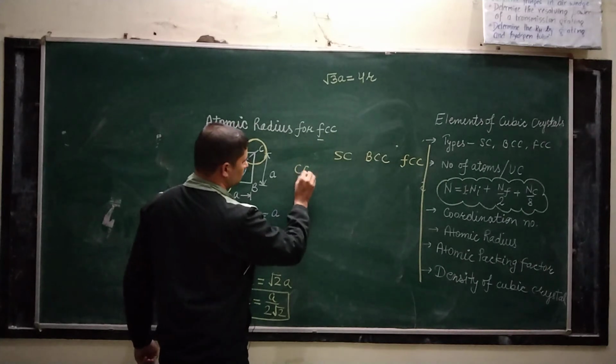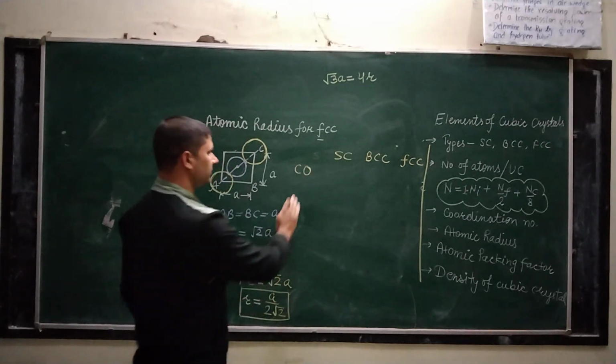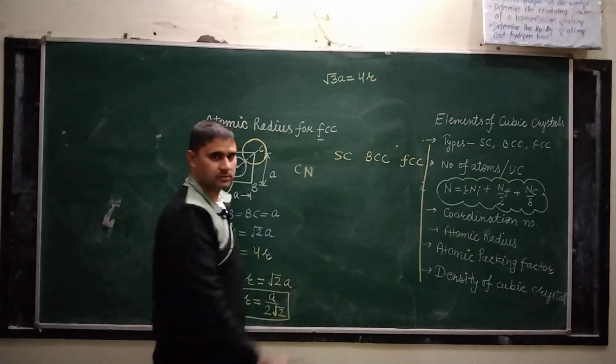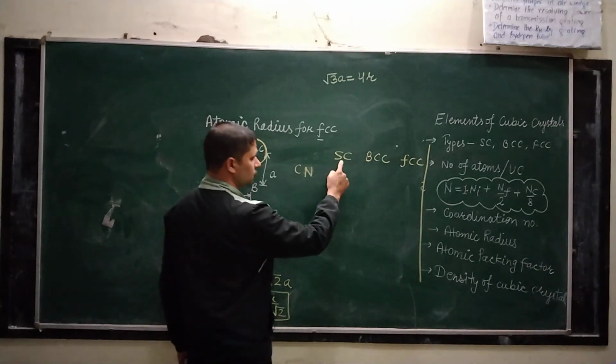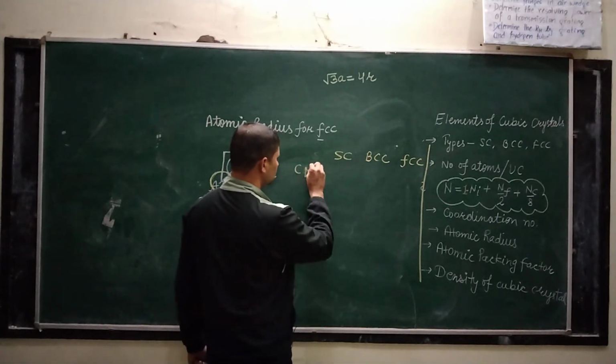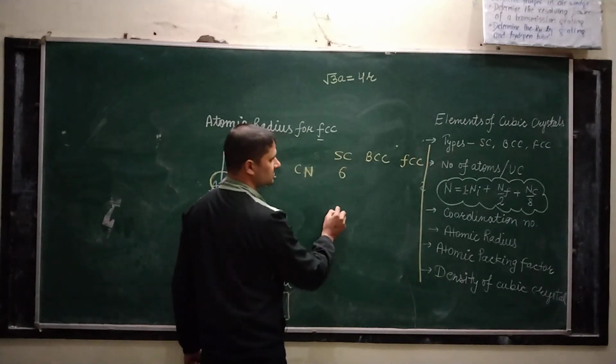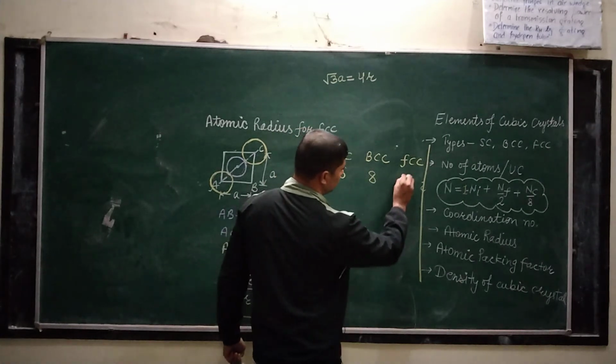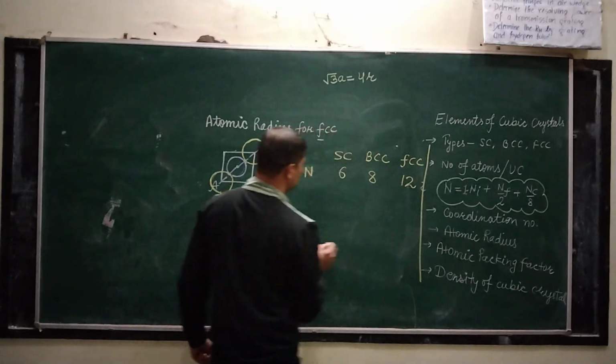The coordination number we have discussed, I am writing it as CN. For simple cubic, it is equal to 6. In case of body center, it is 8. In case of face center, it is 12.